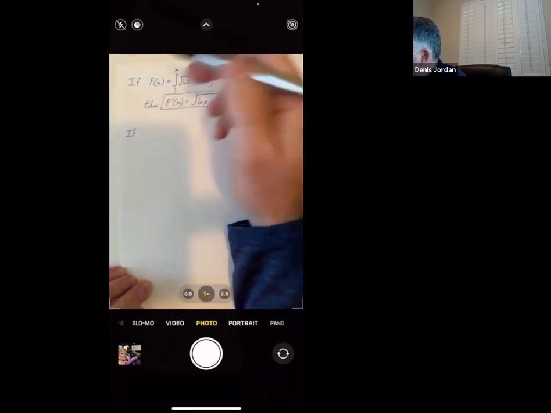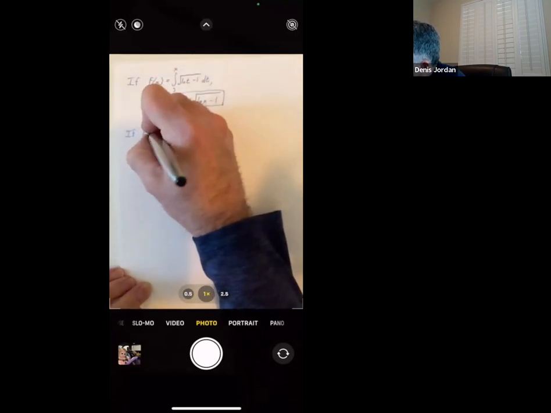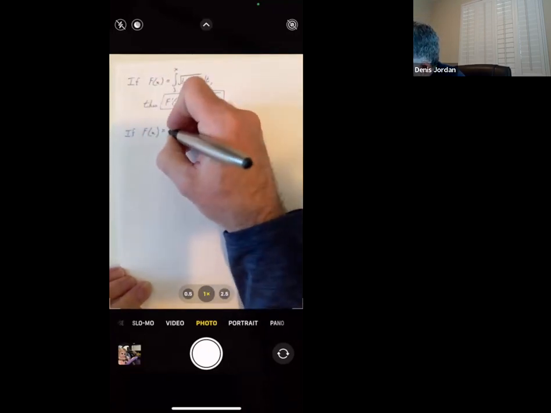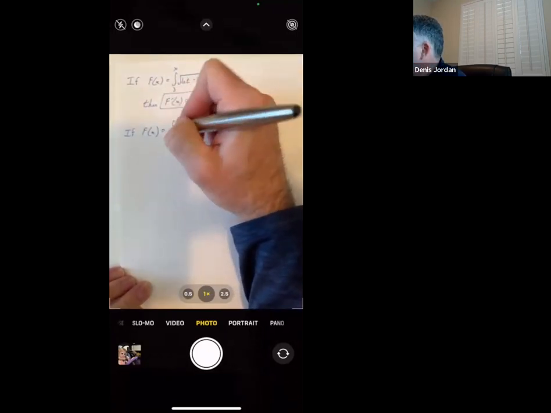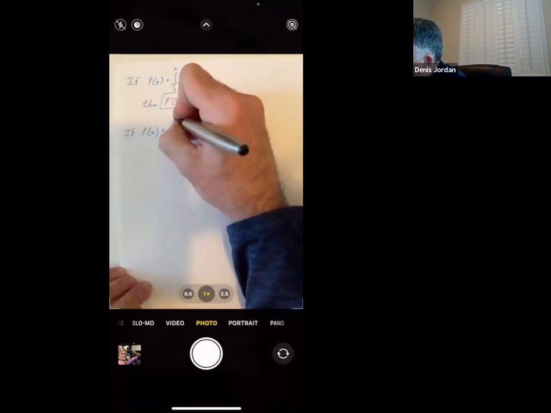So most people remember this. It's when they have something like this one that they go, what? So let's change it from the integral from 3 to x squared.